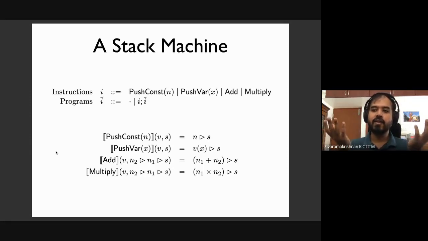Very few compilers actually do this. There are only research compilers that give you the guarantee that the source program, if you have some semantics in your mind, will be preserved by the compiler, right? CompCert is a compiler for a subset of C, which is implemented in Coq actually.